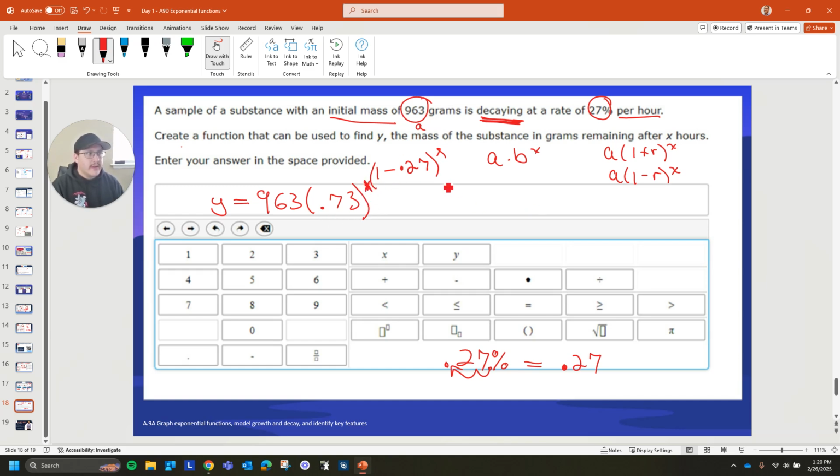Both are technically correct. You may be able to write it this way: y equals 963(1 - 0.27) raised to the x. The first way, with 0.73, is the nicer, cleaner way. The second way is not so nice because of the parentheses, but it's still the exact same answer.